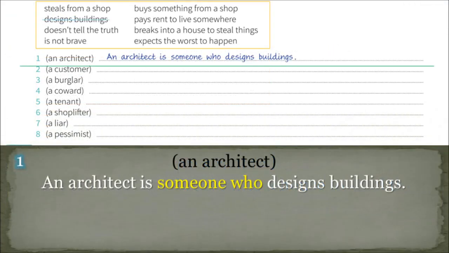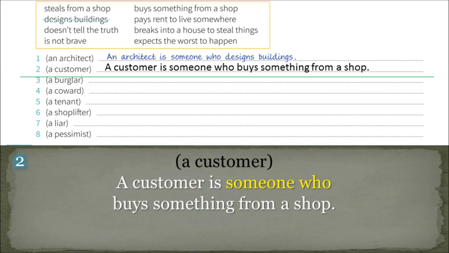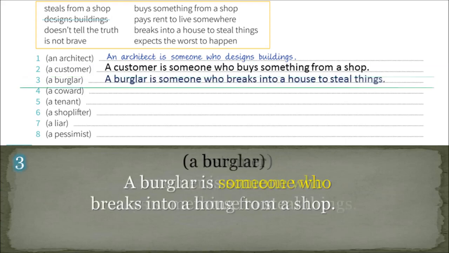An architect. An architect is someone who designs buildings. A customer. A customer is someone who buys something from a shop. A burglar.